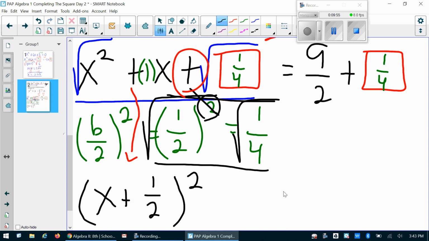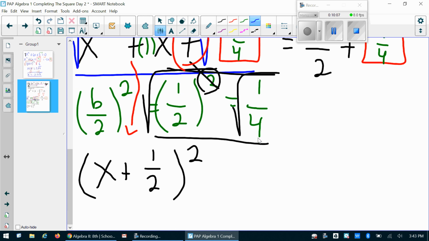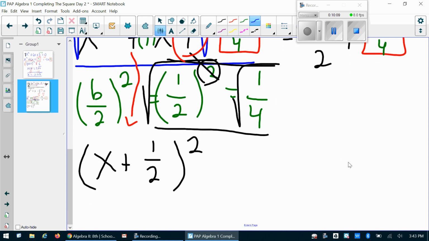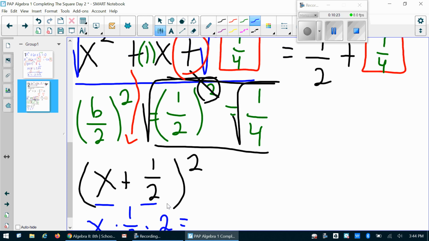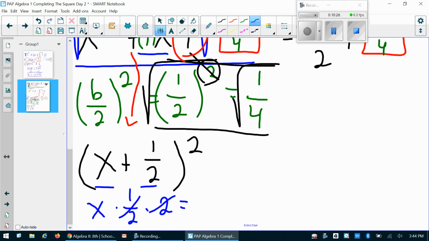Another way we have to check to make sure we did this right is to take these pieces, the x, multiply it by a half, so multiply these two together basically, and then multiply by 2, and if I did this right, then that value has to equal this here, and the 2 and the 1/2 cancel out, and I just get x.